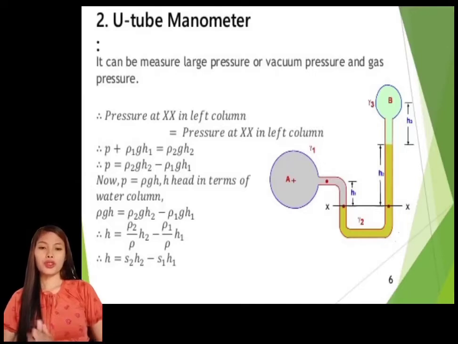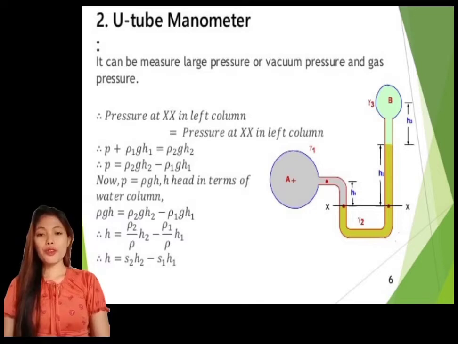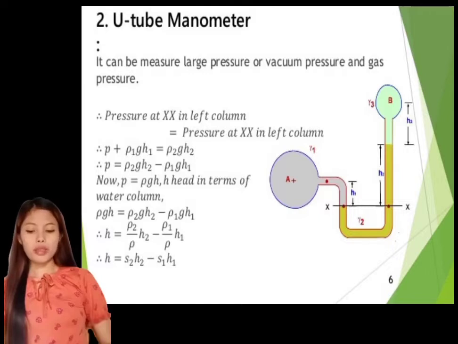A U-tube manometer. It can measure large pressure or vacuum pressure and gas pressure. A U-tube manometer in which differential pressure is measured as the difference H between the high pressure reading and the low pressure reading, multiplied by the density of the liquid in the tube. A U-tube manometer is used as an indicator that the fan of the mitigation system is working.